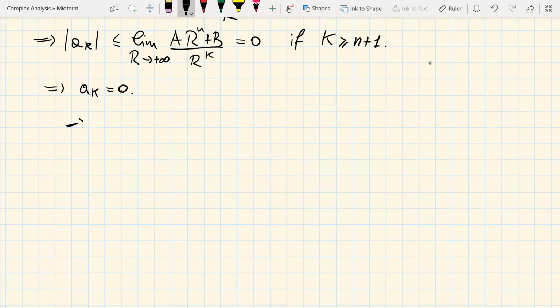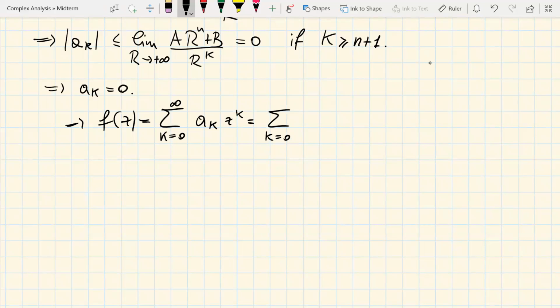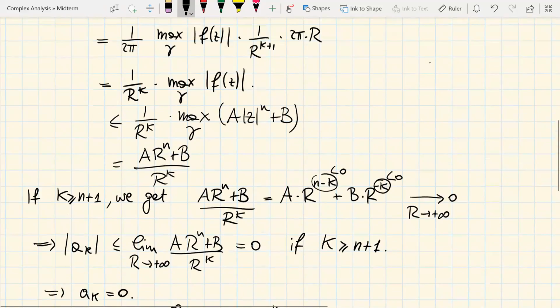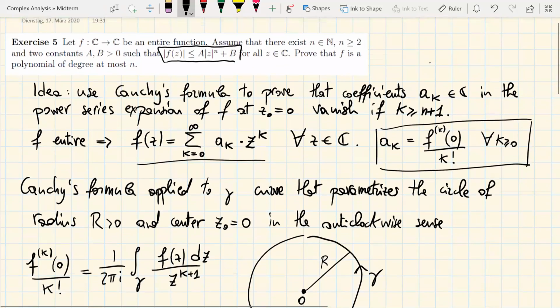So this implies that f(z) is also equal to the sum until n of a_k z to the k, and this is a polynomial. And we are done.